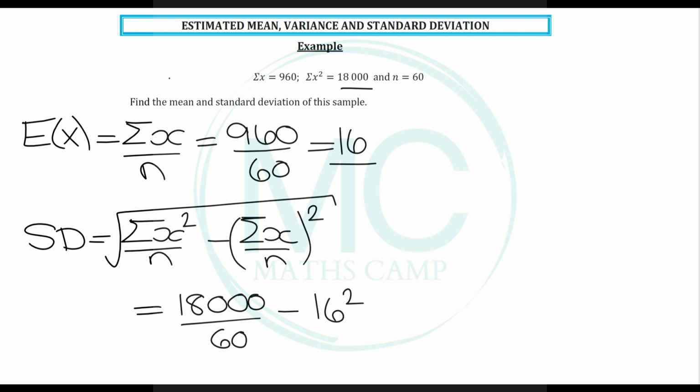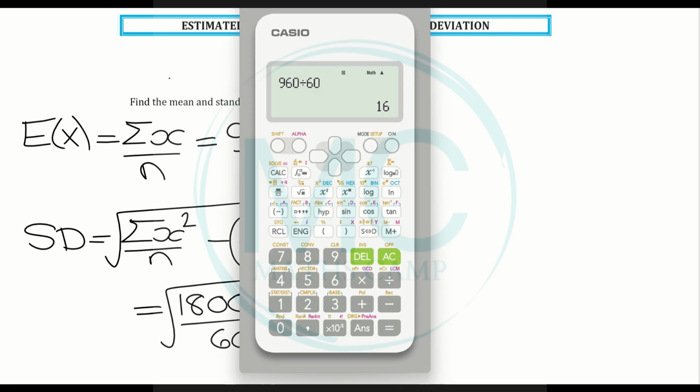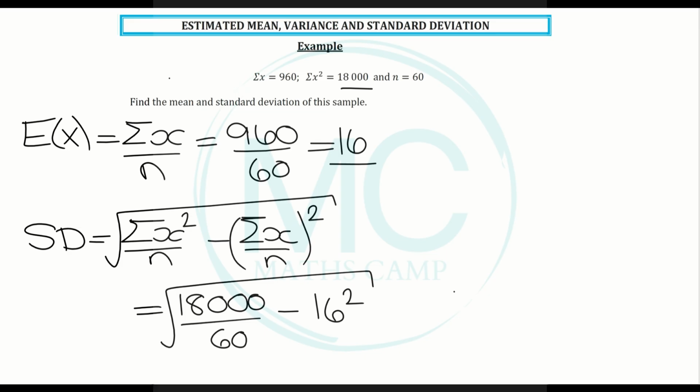So 16 squared, all under a square root. Take my calculator. Let's create a root, create a fraction. 18,000 over 60 minus 16 squared is equal to 6.633, and so on. Round off to three significant figures, and I get a standard deviation of 6.63.